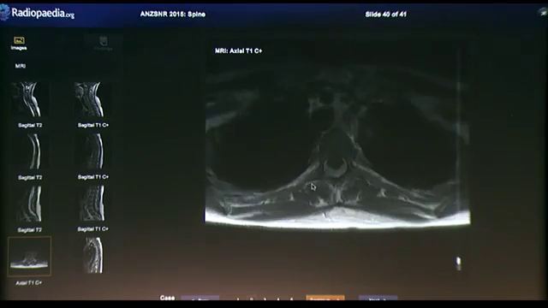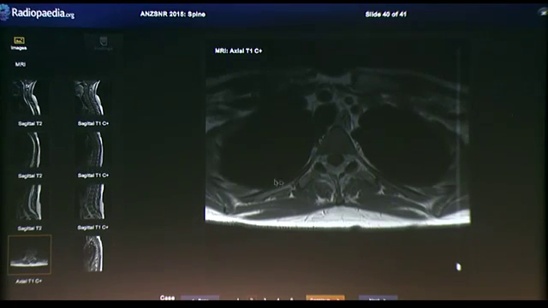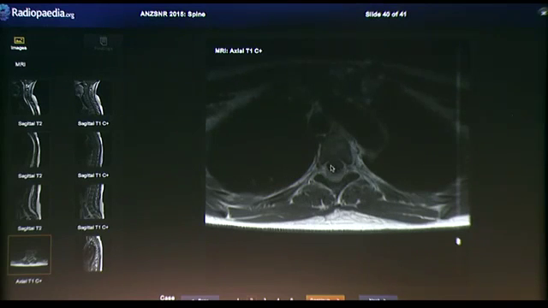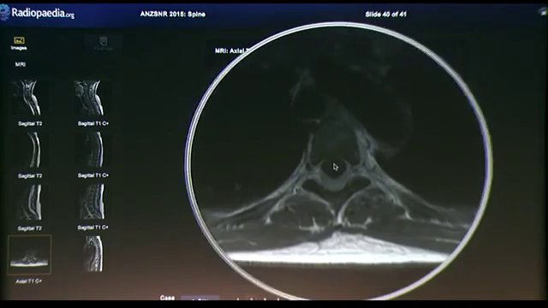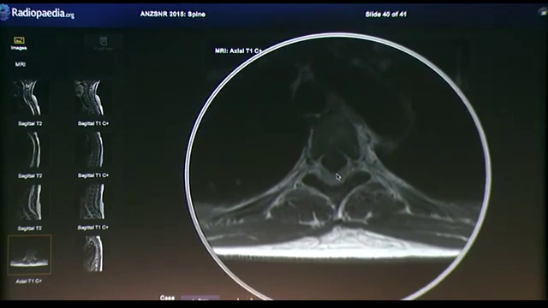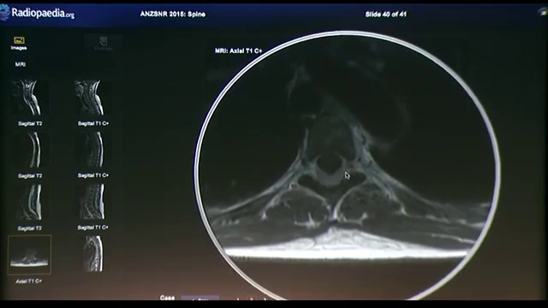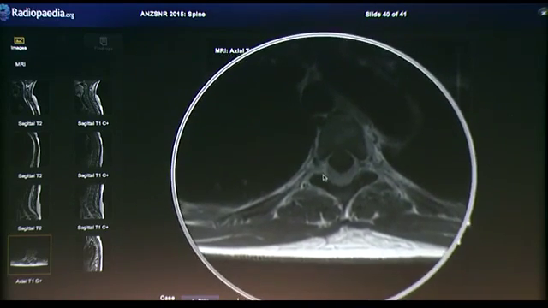And if I show you on the axial sequence, so this is an axial T1 sequence, you can see you've got cord centrally, and then you've got the low intensity CSF, and then you've got something that's high intensity peripherally.